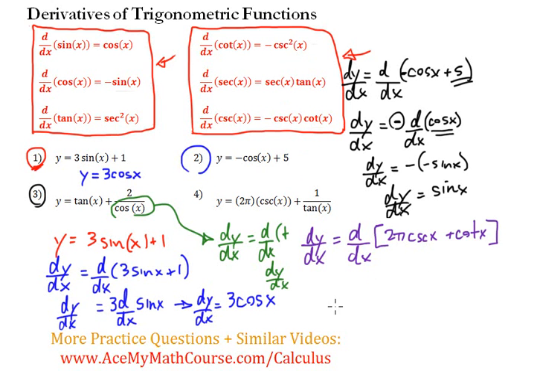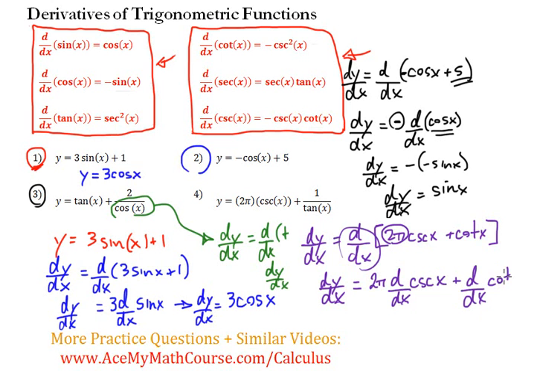Fantastic, isn't it? So I can rewrite this first as, now 2 pi is just a constant, which I can remove from inside the derivative. So I have 2 pi d dx cosecant plus the derivative of cotangent, which we know already will be negative cosecant squared.